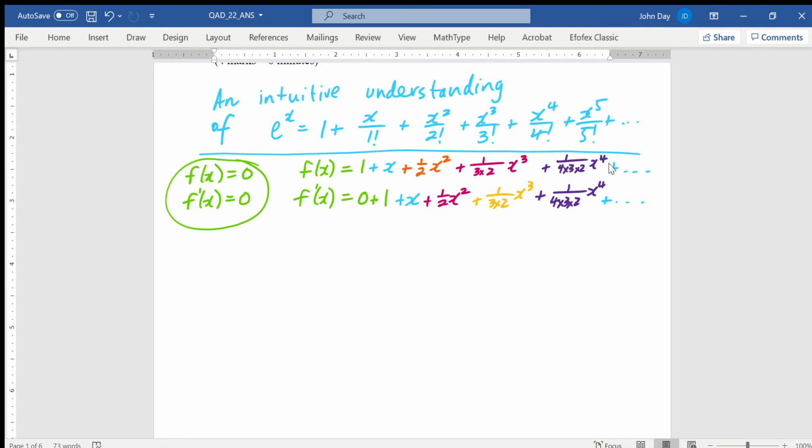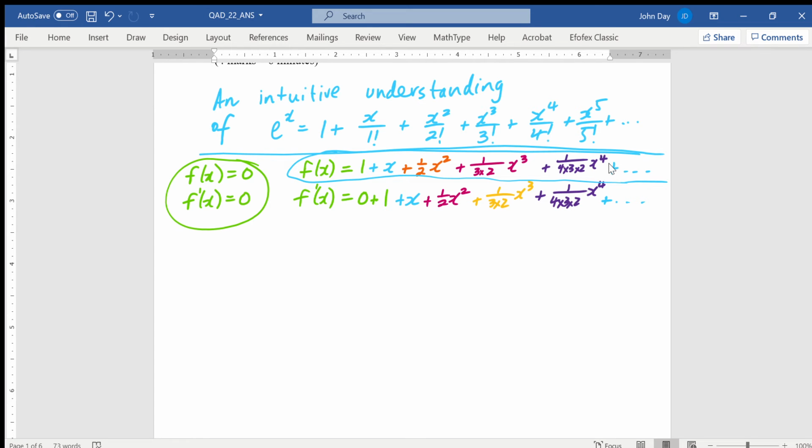So this original function up here is the same as its derivative if you go out to infinity.